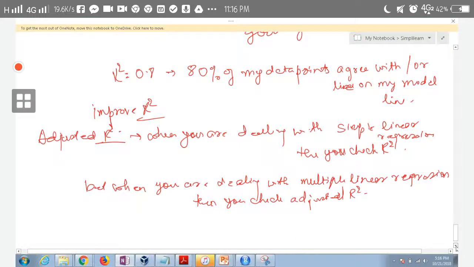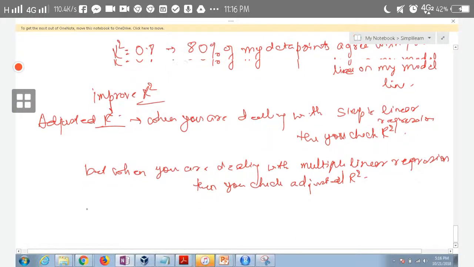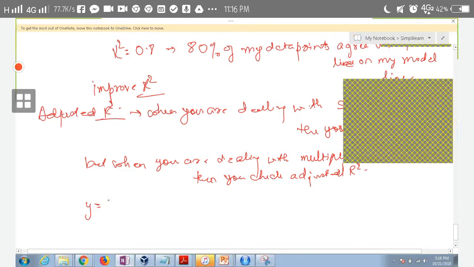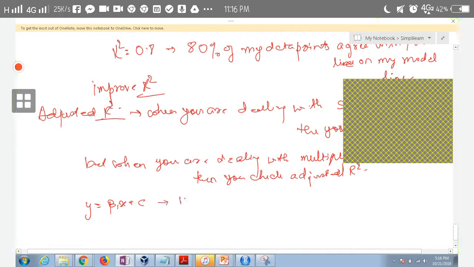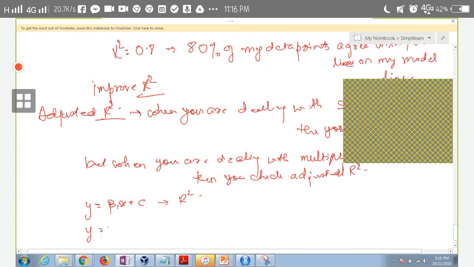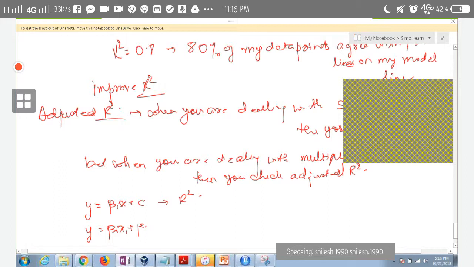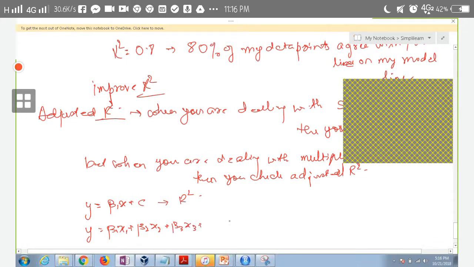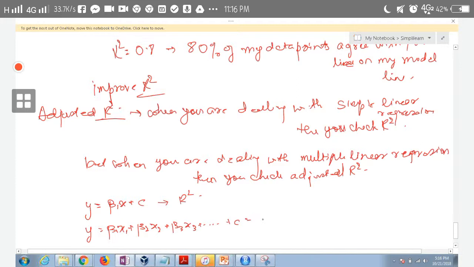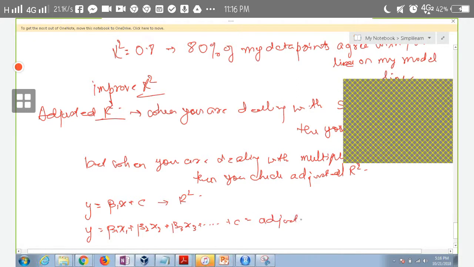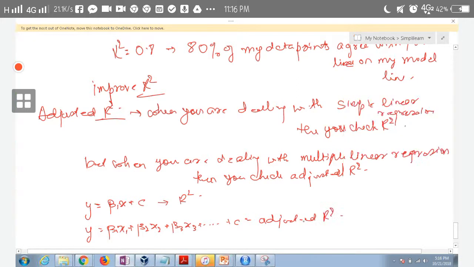Got it? So when it is y equals beta 1 x plus c, then R square, and when it is y equals beta 1 x1, beta 2 x2, beta 3 x3 plus c, then it is adjusted R square.